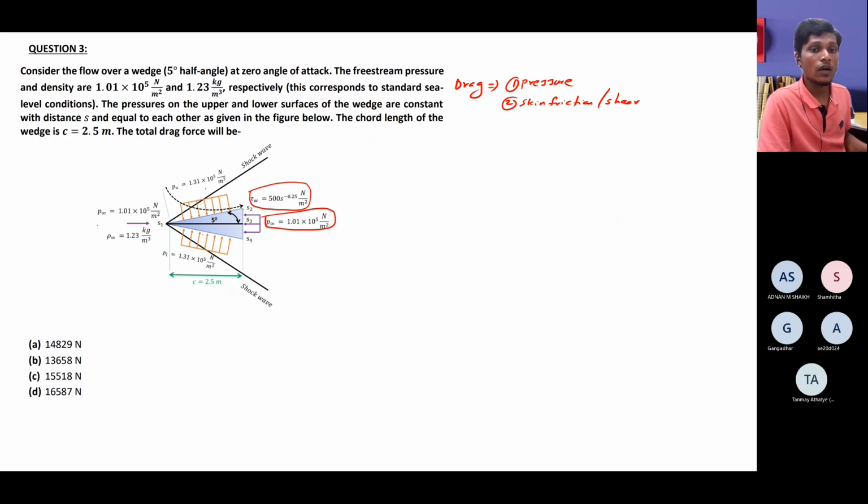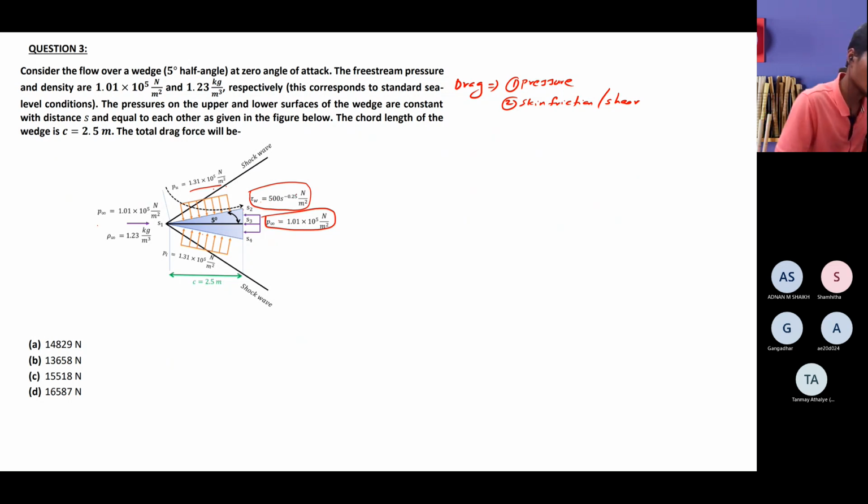So still you have a component of the pressure, like this is a high pressure, 1.31, more than the pressure at 1.01. Because of this difference, you will get some pressure drag, and then you will get the skin friction drag because of this equation. It is a combination of both.